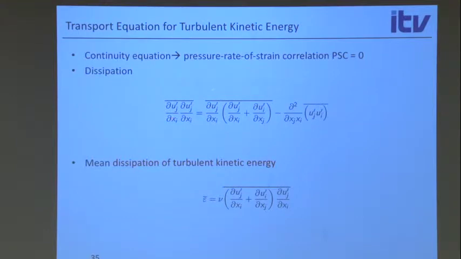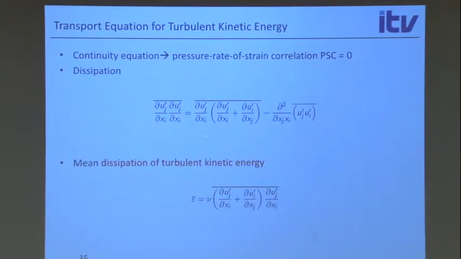This term here is being split up into this and this, which is again just a transport term. But if you just look at this term here, then you see already this is always positive. And the second thing you see is that the dissipation comes from the gradients in the fluctuating velocity, okay?